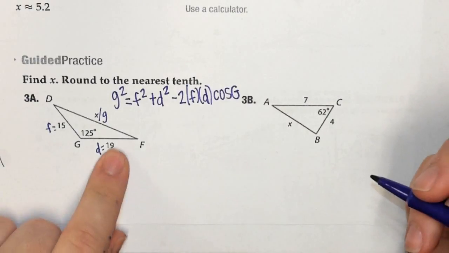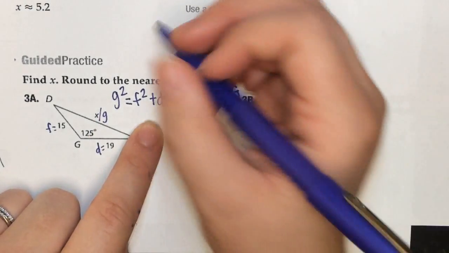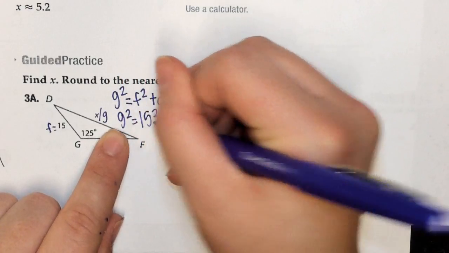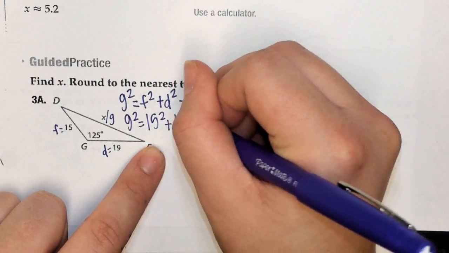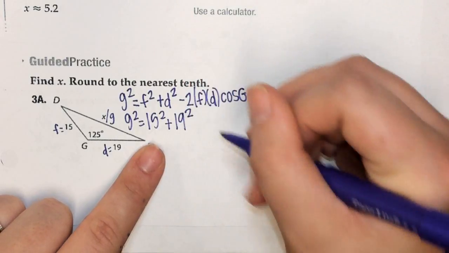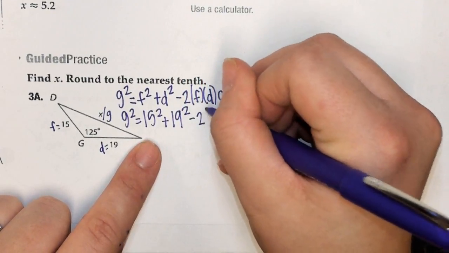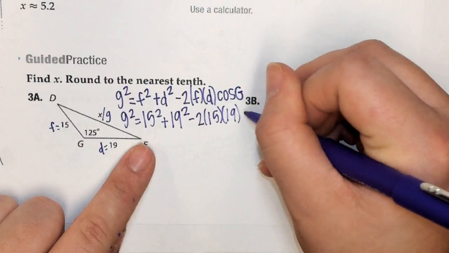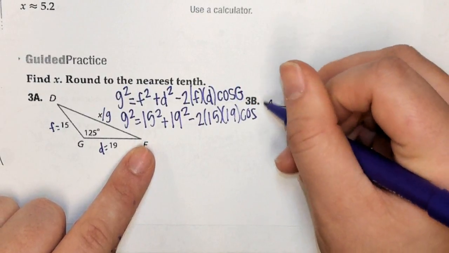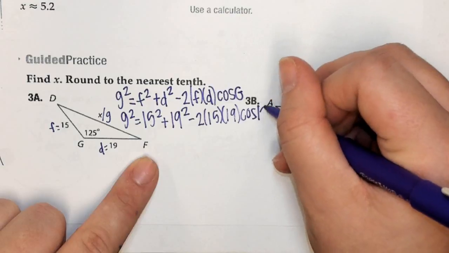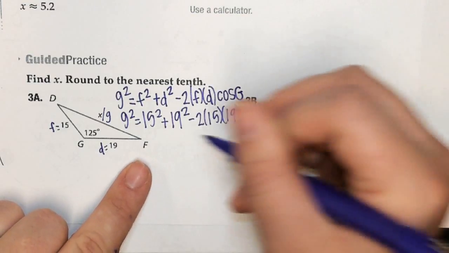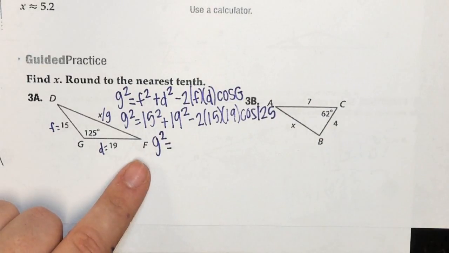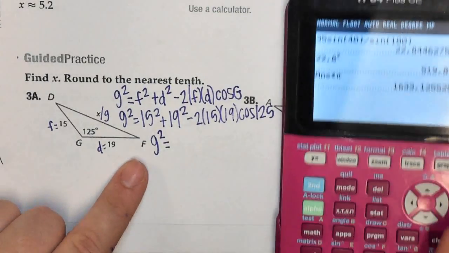So now, that's what we're finding, so let's plug everything in. G squared equals 15 squared plus 19 squared minus 2 times 15, 19, cosine of 125. If I were you, it just makes me nervous plugging all of that in my calculator at once.